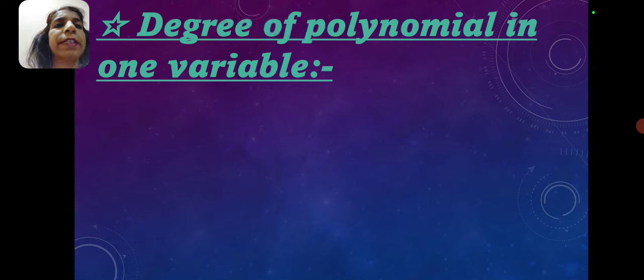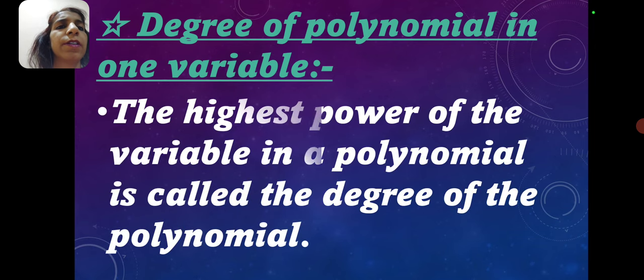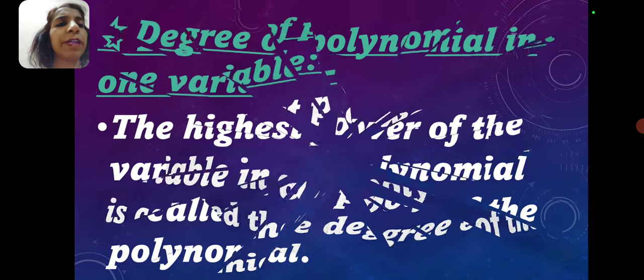Next, we will see degree of polynomial in one variable, okay. The highest power of the variable in a polynomial is called the degree of polynomial, okay.